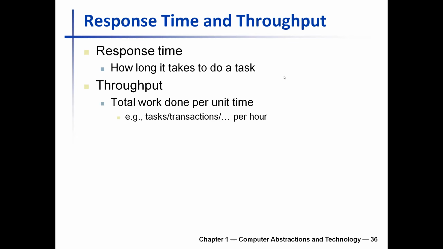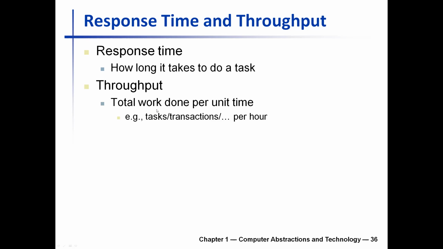Simple enough. Then the other definition we use in computer systems is throughput. Throughput is the reciprocal of response time, or 1 over response time. How much work can a computer system do per unit time? Again, work is slightly vague.